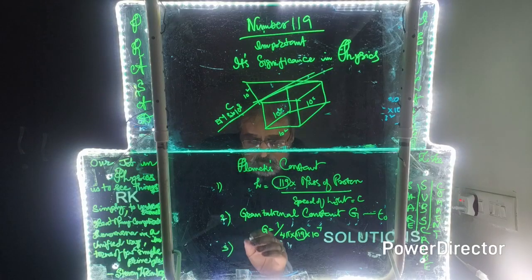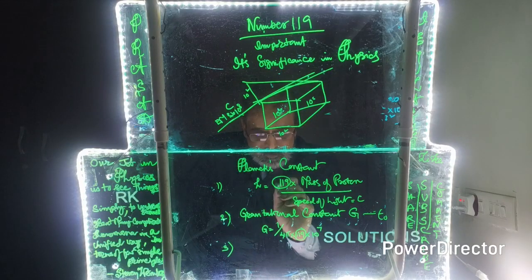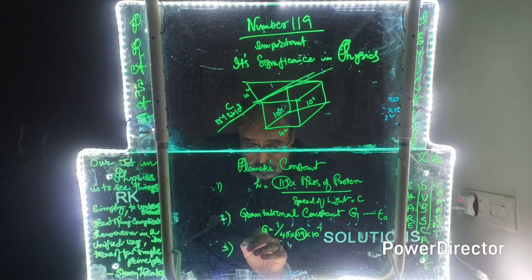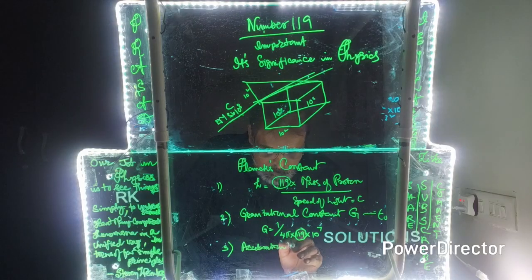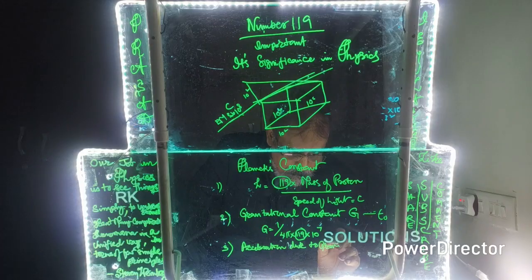I'm doing a recap here: Planck's constant, gravitational constant, and last but not the least, acceleration due to gravity, g. It was equal to 4 into 119 into 1.67 into 10 raised to 30, divided by 81 into 10 raised to 32.